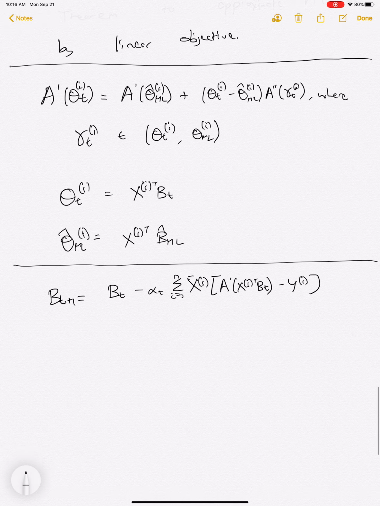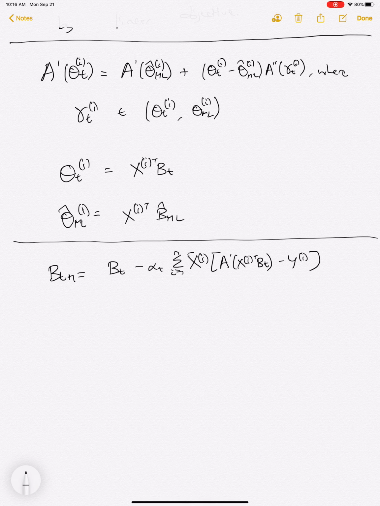Okay, so then what we can do is we can actually expand this out. We'll see that this expansion will lead to some nice things shortly.